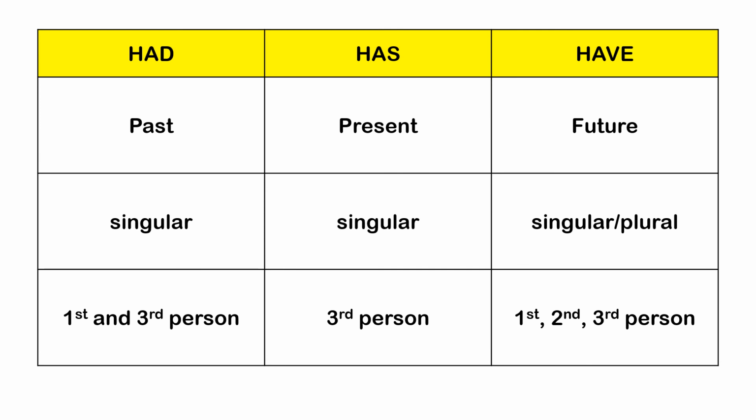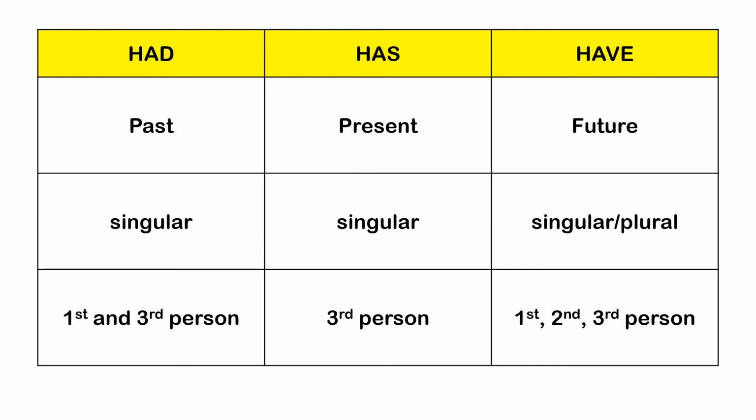Ngayon, paano naman po gagamitin yung tatlong ito? Yung had, has, and have. Ang had, gagamitin lang yan sa past. Singular, and then first and third person. Which is I had, she had, he had. Next naman yung has, ginagamit lang yan kapag present.